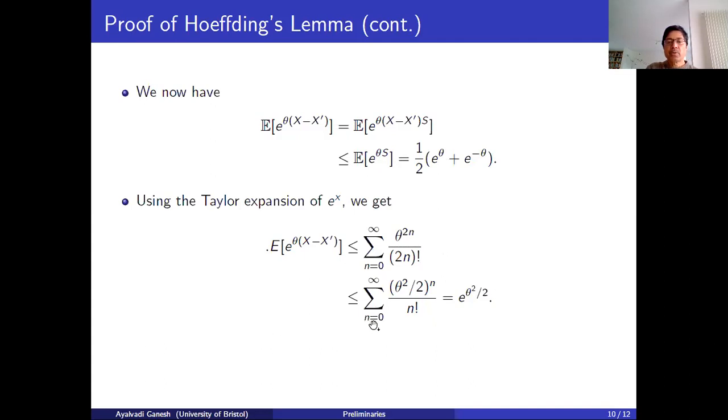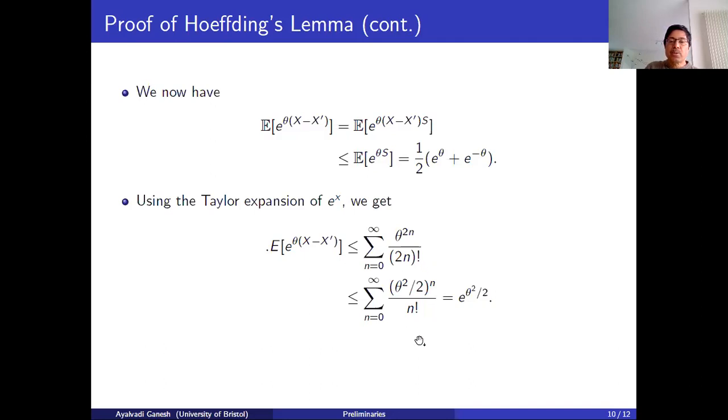And this, with a bit of manipulation, is bounded above by, so this is theta squared to the n. Let's take a factor of 2 from here up there. So it's theta squared over 2 to the n over n factorial. That's a bound, not exact.